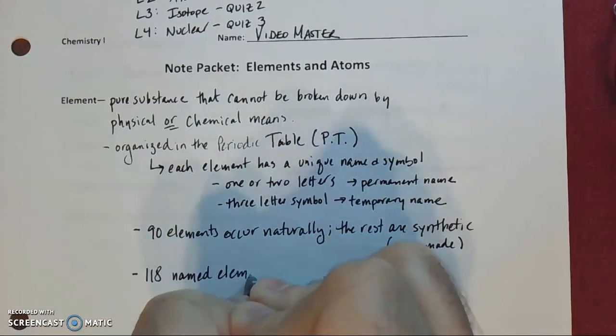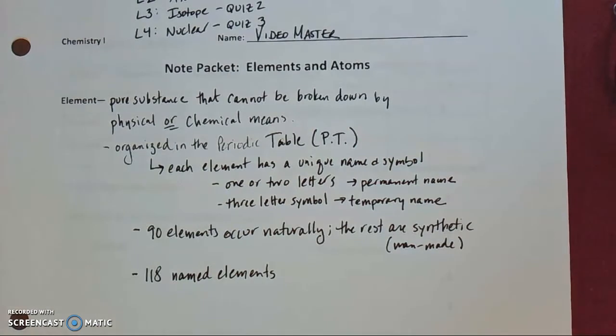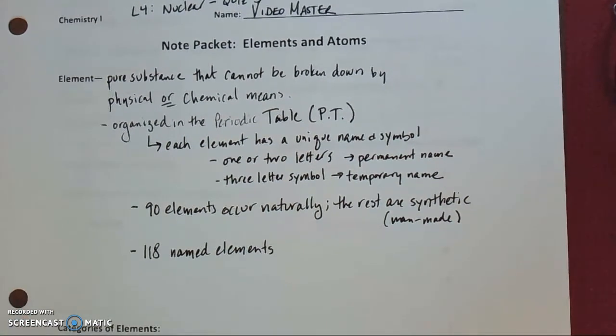But that does not mean that there are no more to discover. The periodic table is an evolving document, which means that we can change information on it as needed, but we have to make sure that we go through the scientific method in order to make sure that that is the best information that we have at the time.